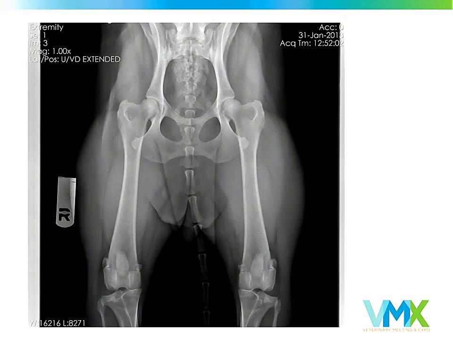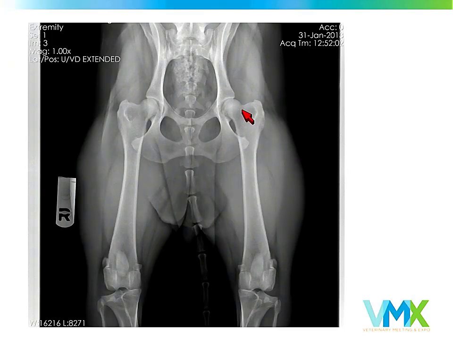This is an example of good. So again, you can't argue that this is truly a normal hip. It's just that those 2 surfaces aren't quite as parallel or as neat and clean as the previous image.